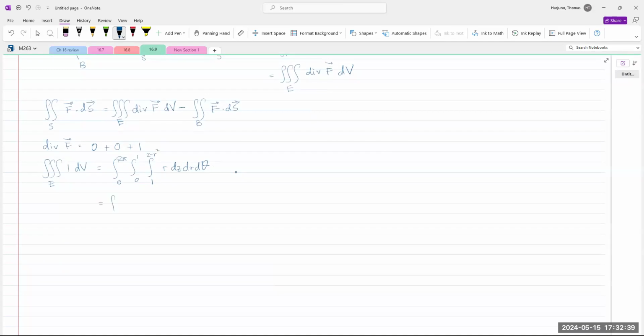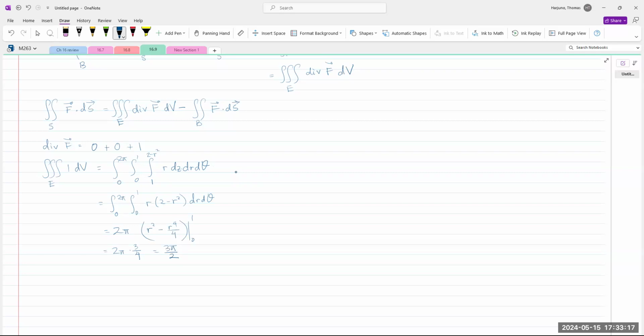That is the integral from 0 to 2 pi, the integral from 0 to 1 of r times 2 minus r squared dr d theta. That is 2 pi times r squared minus r to the fourth over 4 from 0 to 1. That's basically 1 minus 1/4, that's 3/4. So that's 3 pi over 2. But we are not done yet.